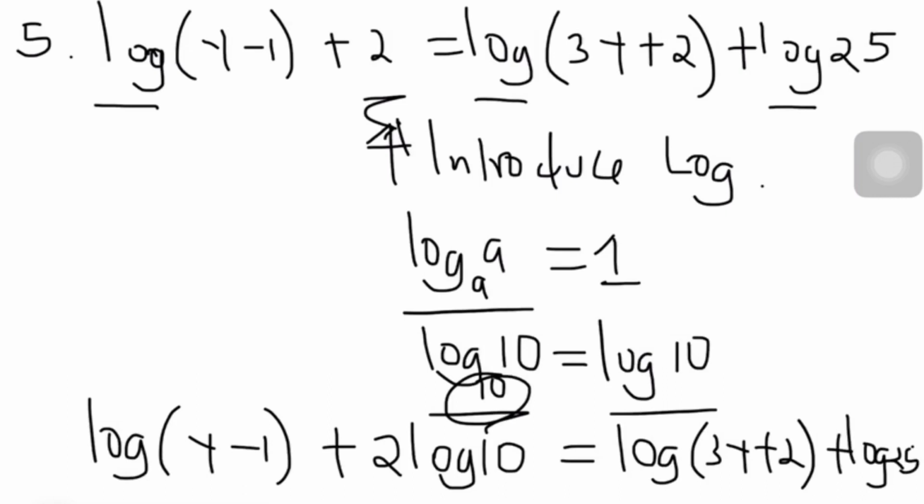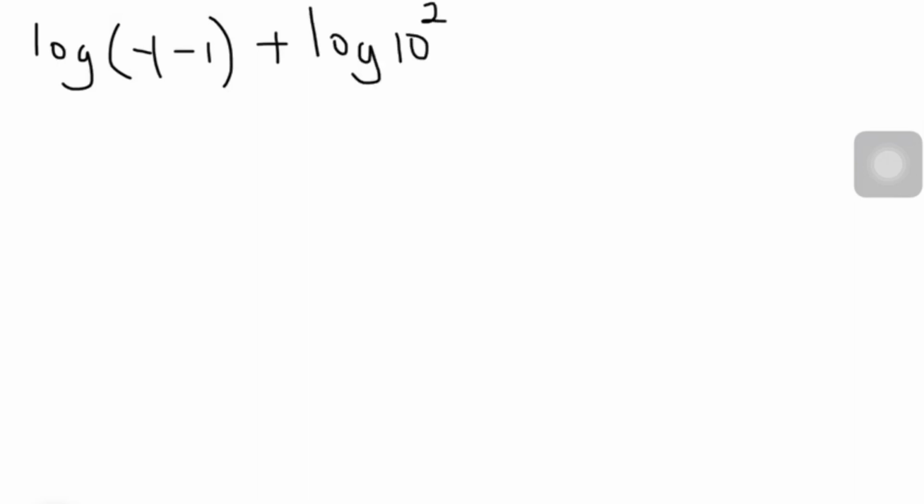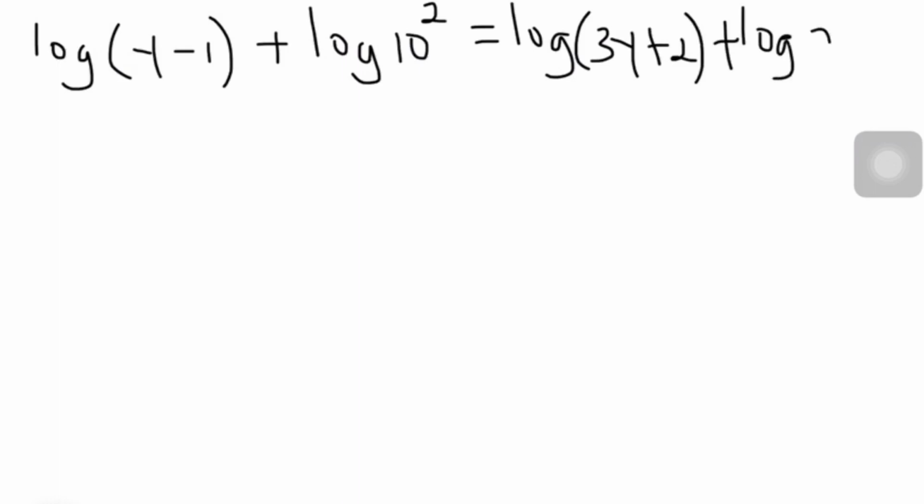Okay, and then this one we are going to change it using the power rule, and it will become log 10 power 2. All right, so this is the same as log of y minus 1 plus log of 10 squared is equal to log of 3y plus 2 plus log of 25.